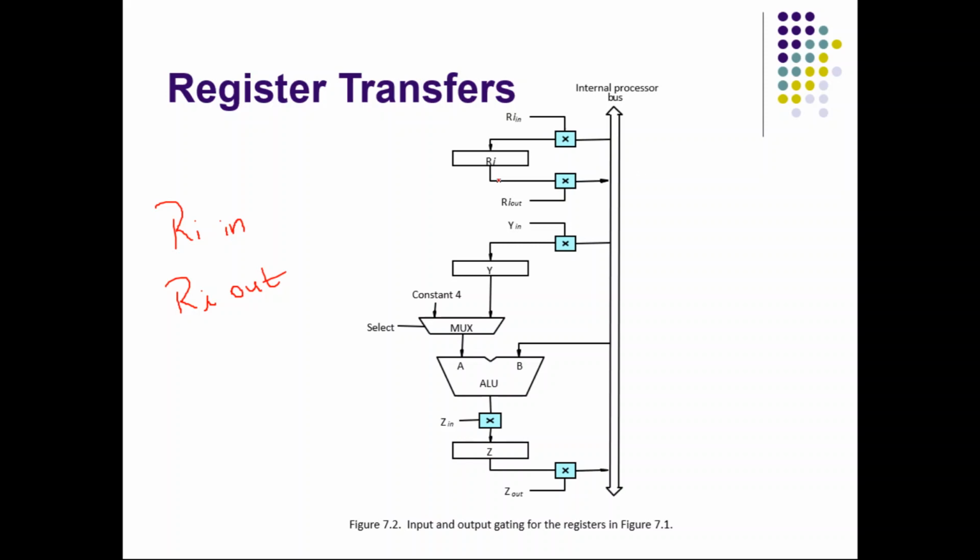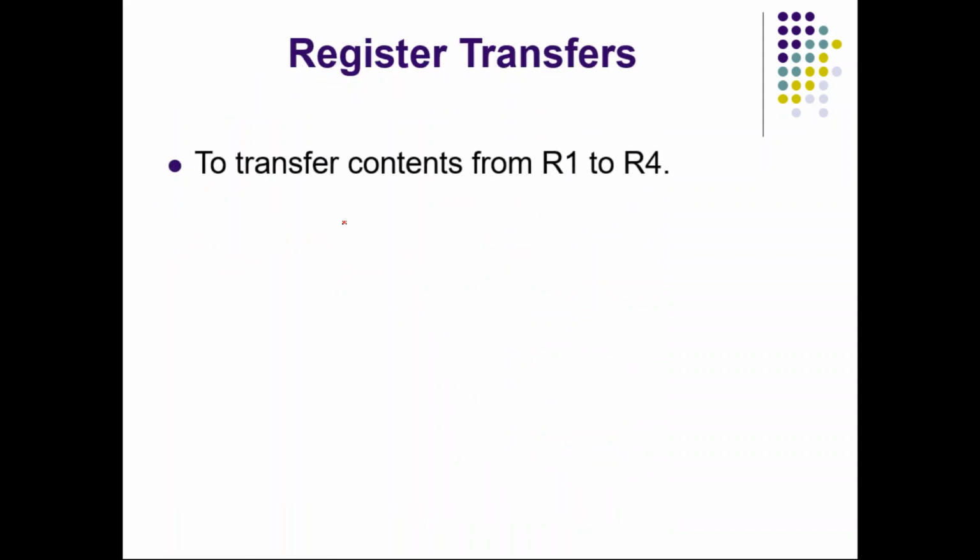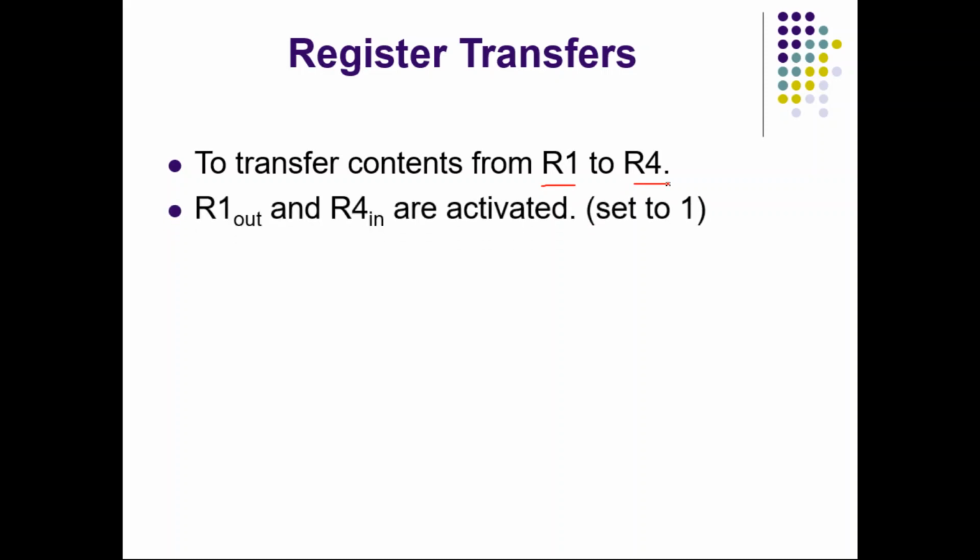For example, say to transfer content from R1 to R4, this is what you have to do. Enable R1 out. When you do R1 out, what will happen?